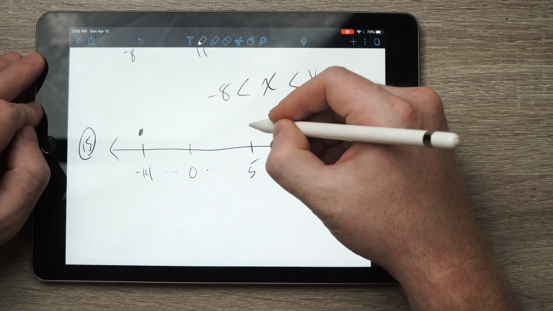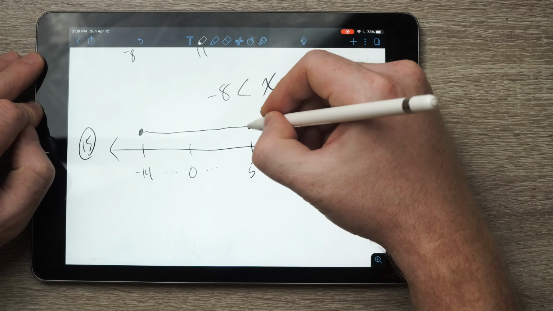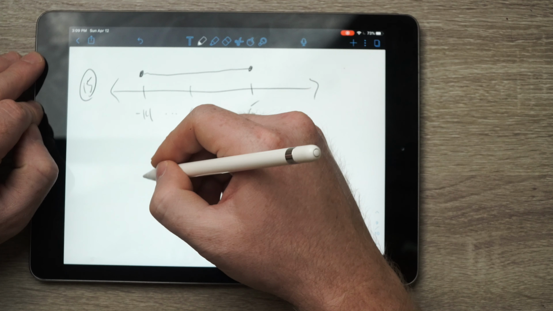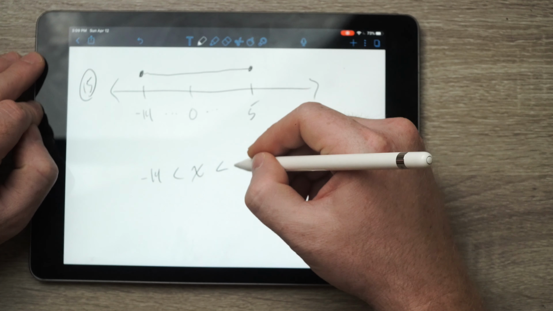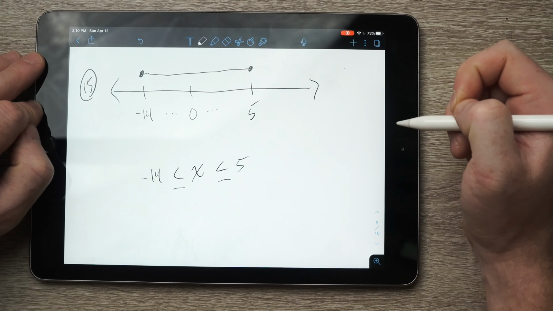So closed circle over that. Usually just draw a line connecting the two to represent that we can be any number in between. And if we write that as an algebraic statement, x is between negative 14 and 5. And since we can be equal to either number on the end, we will represent that again with an underscore.